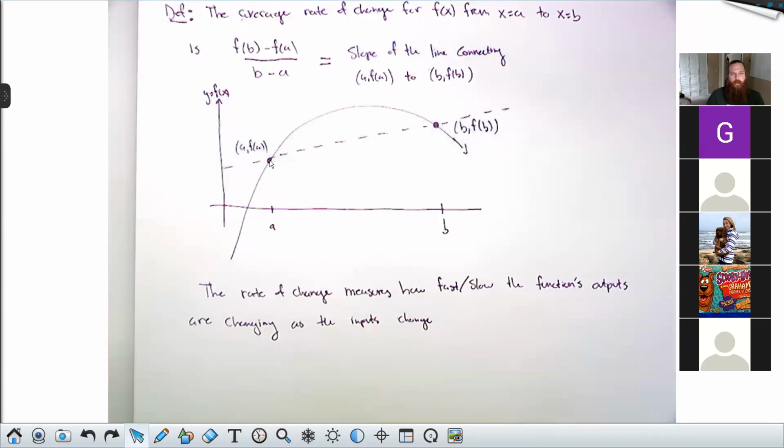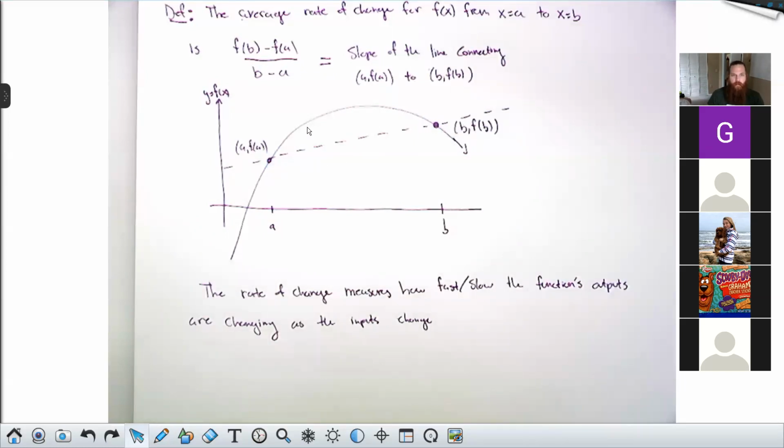Here you see, since this point is below this point, even though I've done a little bit of up and a little bit of down over that interval, my overall rate of change is positive because I've done more up than down. So this function from here to here has on average grown because over here the output is higher than over here. It's not grown very fast on average.